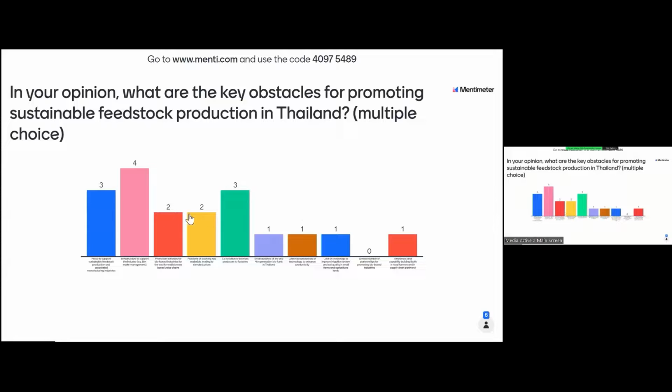This is something which is definitely one of the aspects our stakeholders also talked about.